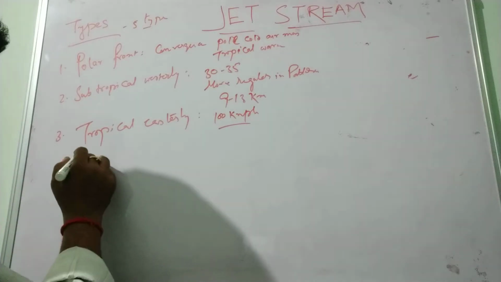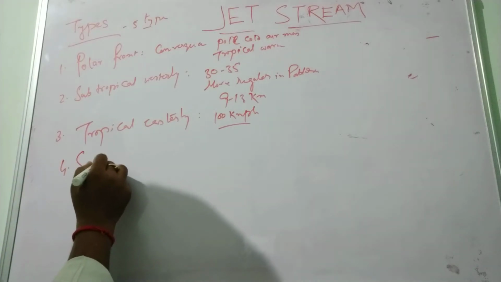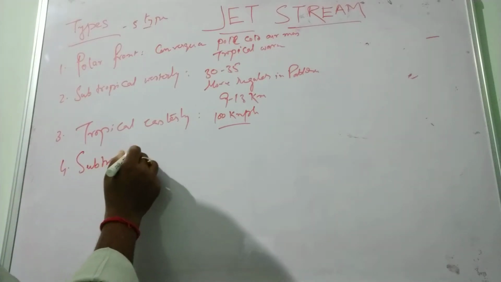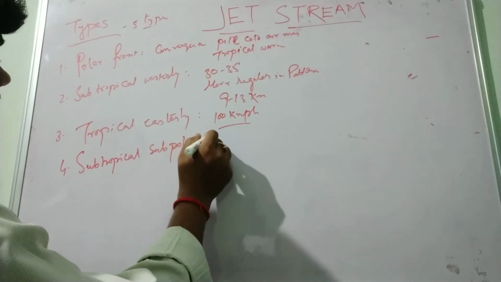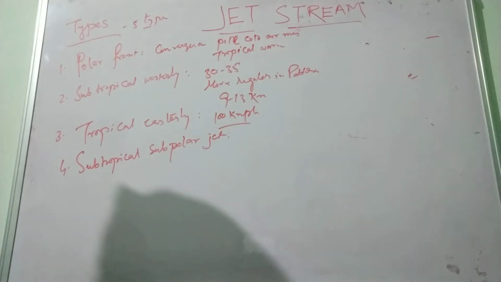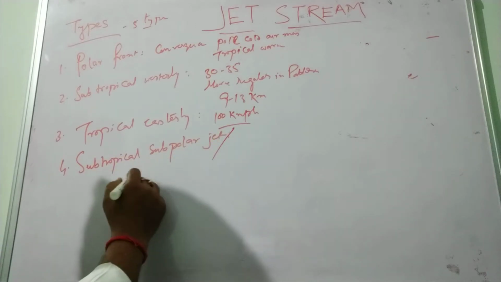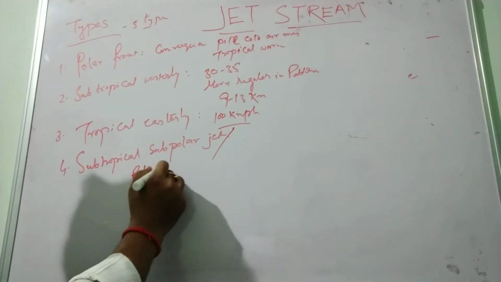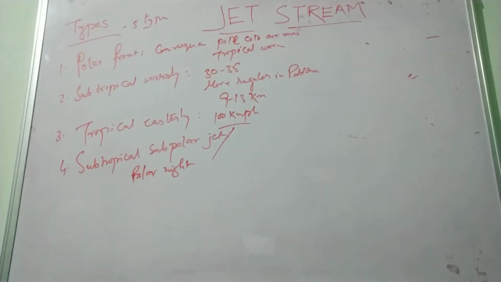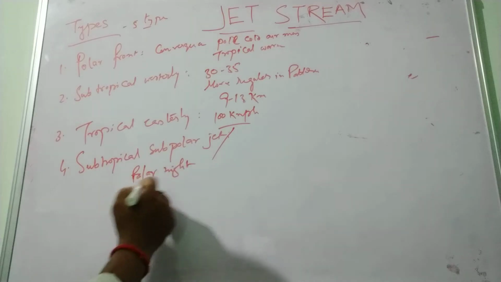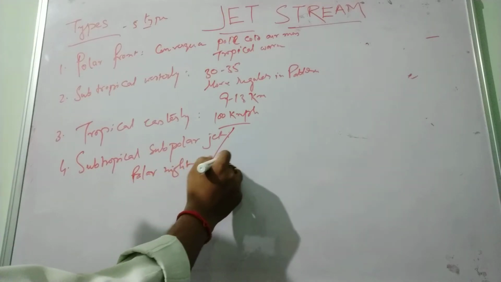Subtropical or subpolar jet stream. This jet stream, also known as the polar night jet stream, develops in the stratosphere at a height of about 30 kilometers.